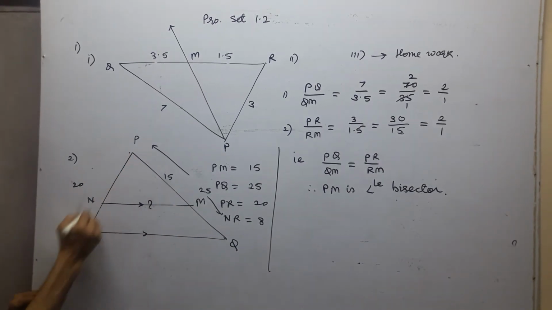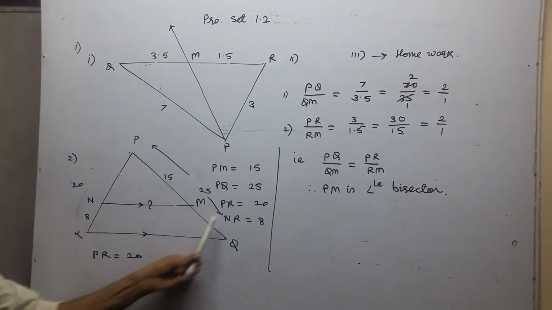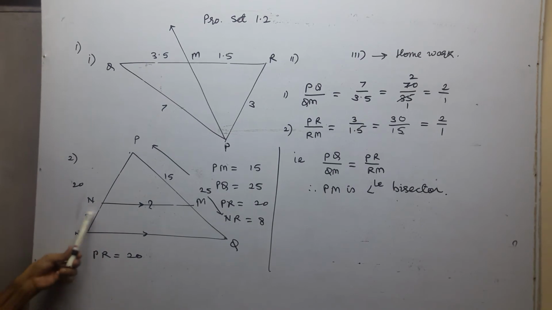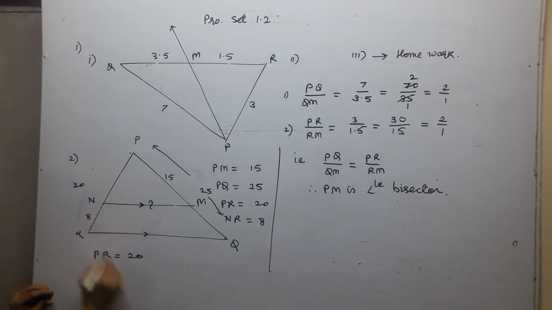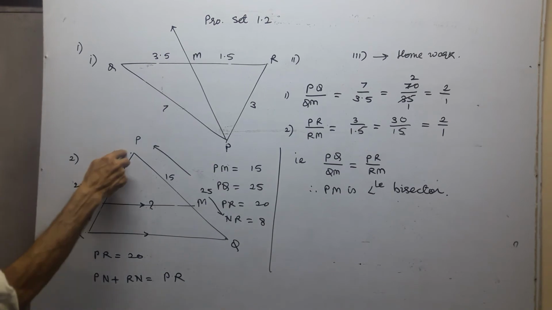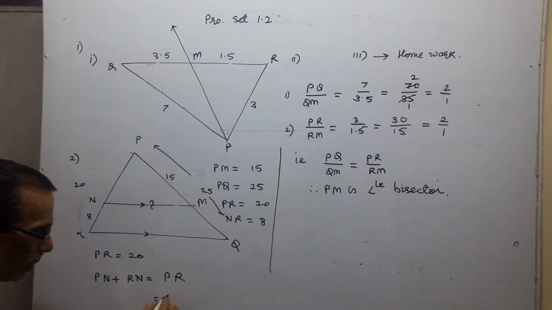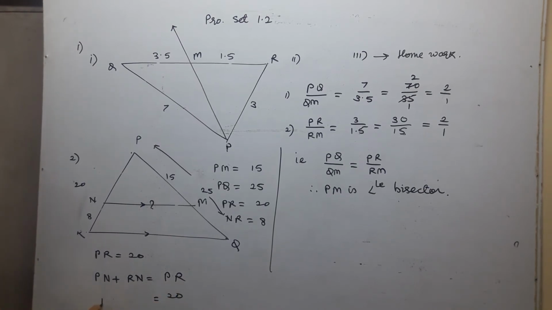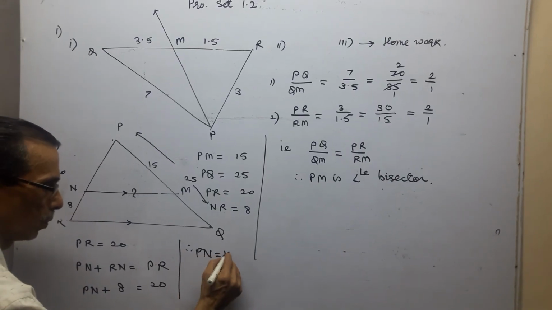Now here PR is equal to 20, but RN is 8, and therefore PN plus RN equals PR. So PN plus RN is PR, but PR is 20, so we write 20. PN we do not know, plus RN is given 8, and therefore PN equals 12.